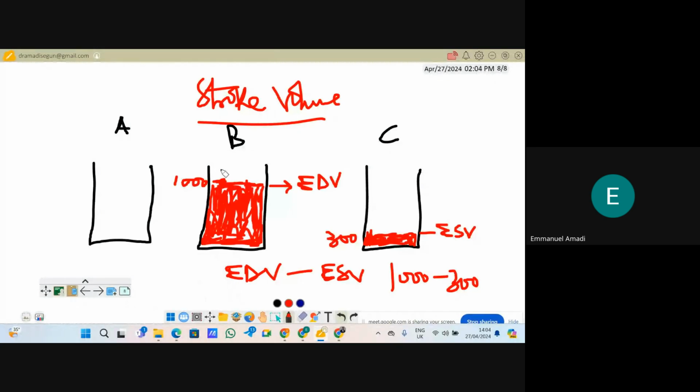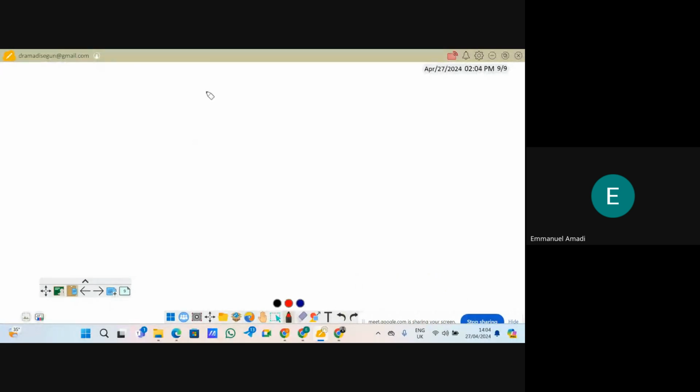Let us move on to look at the ejection fraction. That is the next thing we're going to look at now. So we look at the EF. This is where a lot of people have a lot of issues. They struggle a whole lot with ejection fraction.